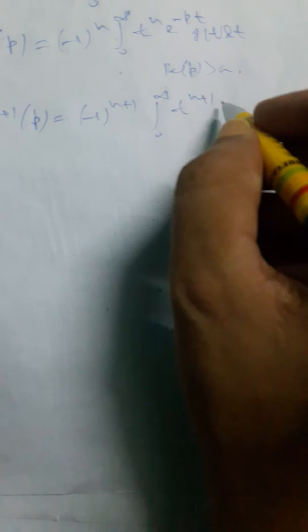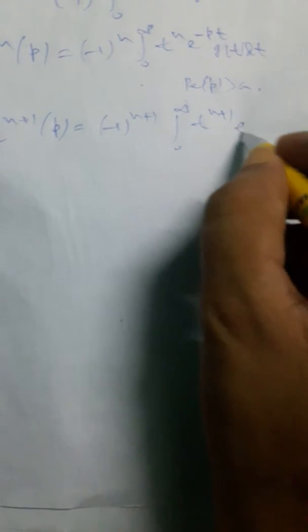And if we prove it for G^(n+1)(p), it will be clear as (-1)^(n+1) times the integral from 0 to infinity of t^(n+1) e to the power minus pt g(t) dt.